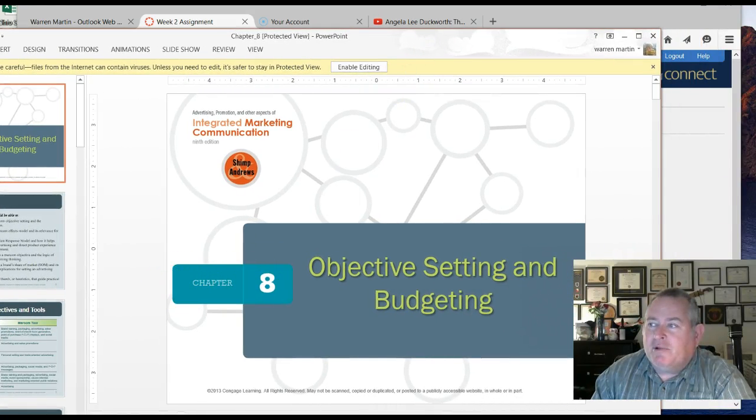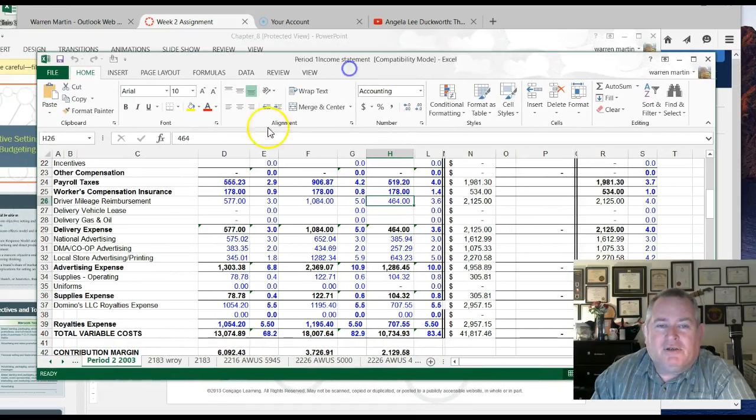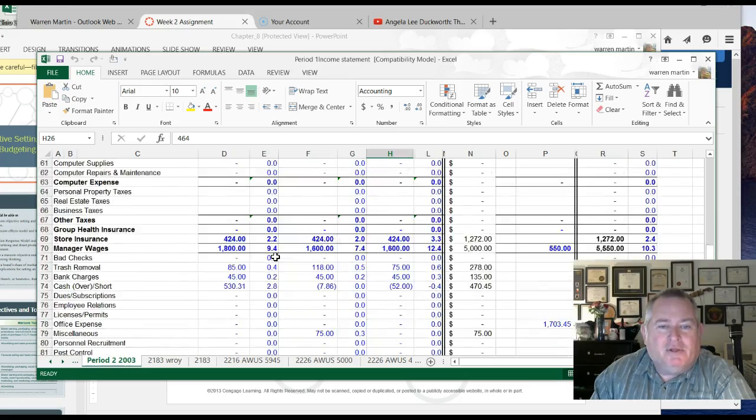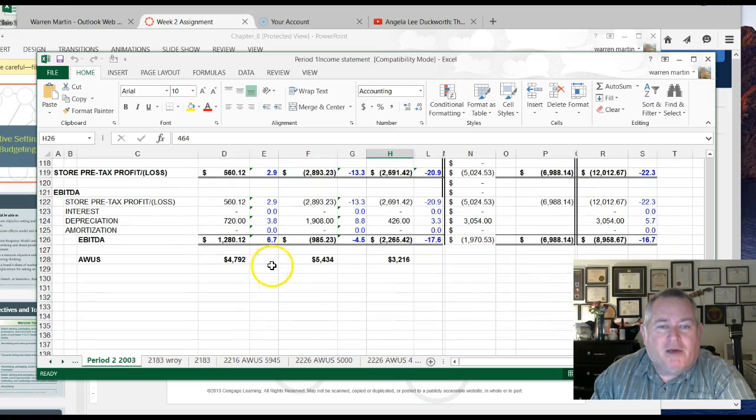Again, this example I have here is also a budget. This is an actual period P&L, but it's also used as a budget. Some numbers are fixed, so these percentages here are part of your budget. When you figure that all out and get down to the bottom, you have to figure out how much money you're making or not making. See there, that store made money, but these two stores lost money.